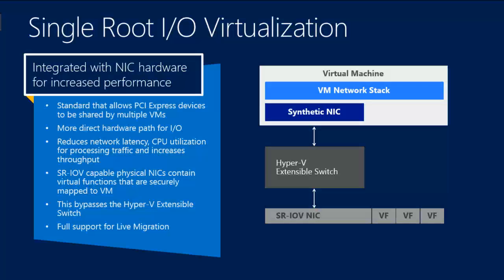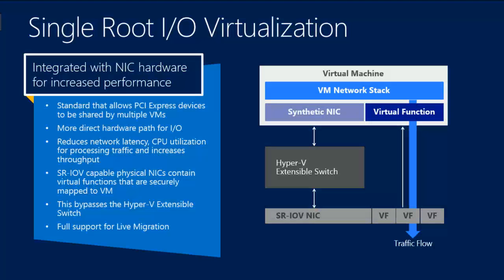So essentially, SR-IOV, or single root I/O virtualization, is instead of me using the network path that's in the virtual machine synthetic stack, the software stack that's natively provided by Hyper-V, I take advantage of these virtual functions within the physical NIC that's SR-IOV capable, and I pass one of those virtual functions into the guest, and the traffic flows down that more native path. VMware do it, Microsoft do it.